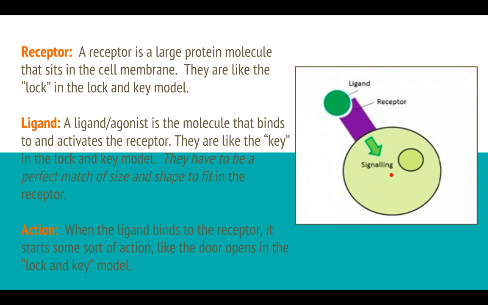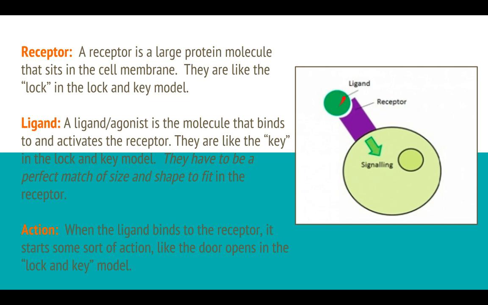Could be anything. There's so many different types of signaling pathways. The one we talk about the most in this unit is insulin. Binding the insulin receptor causes a door to open up over here so that glucose can go in. But you just need to know receptors are large protein molecules, so they're made of amino acids. They sit in the cell membrane, okay? And they're like the lock.